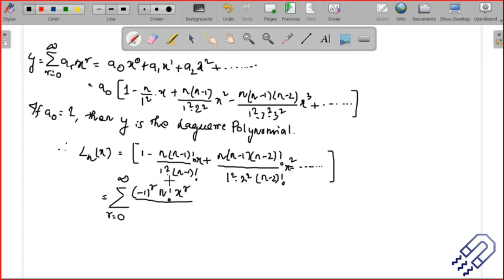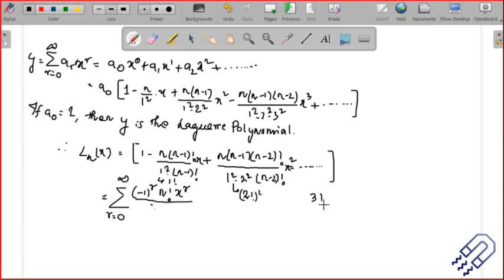In the denominator, we can write this as r factorial square. This 1 square can be written as 1 factorial squared. And 1 square into 2 square can be written as 2 factorial, and then you square it.